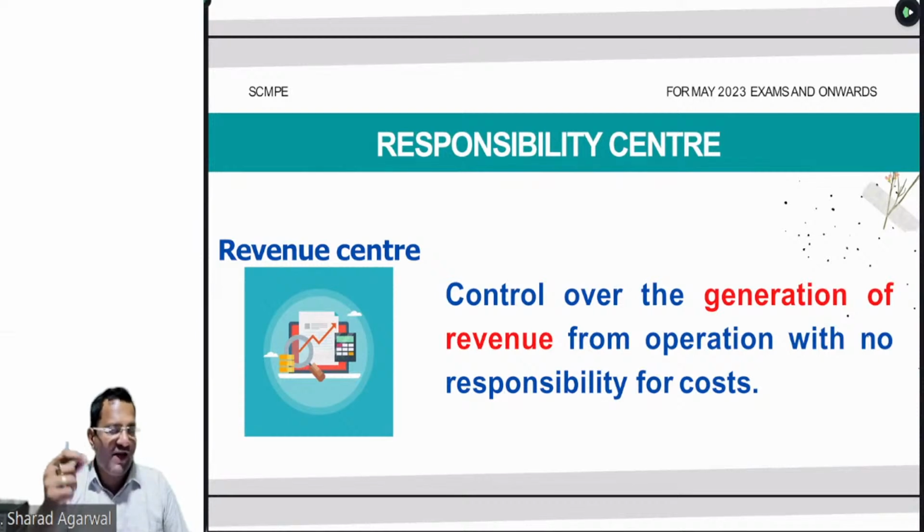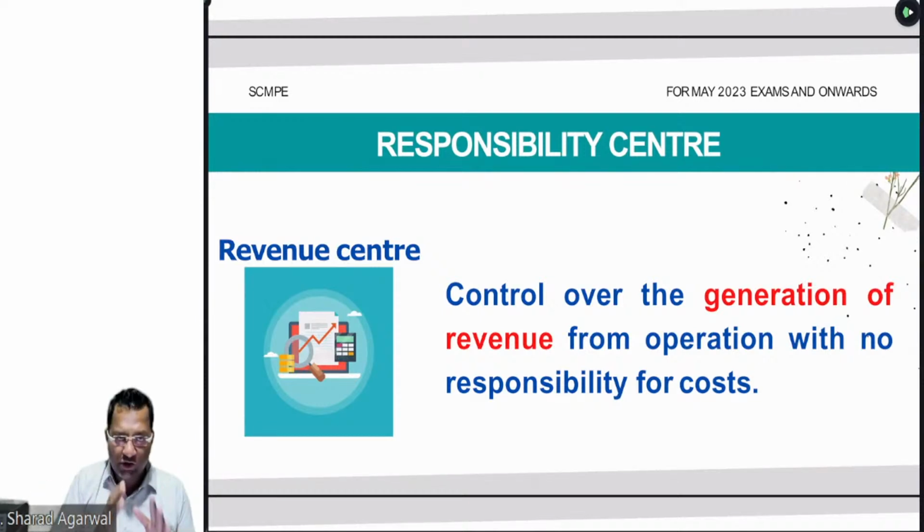Can you please tell me one or two examples in real life, beta, when such departments are considered as revenue centers, where their performance will be judged only on the basis of revenue generated by them? Give me a real life example, beta. I don't want an answer from the study material. Although an example is given in the study material, I don't want that example. I want your thought process to think on your own.